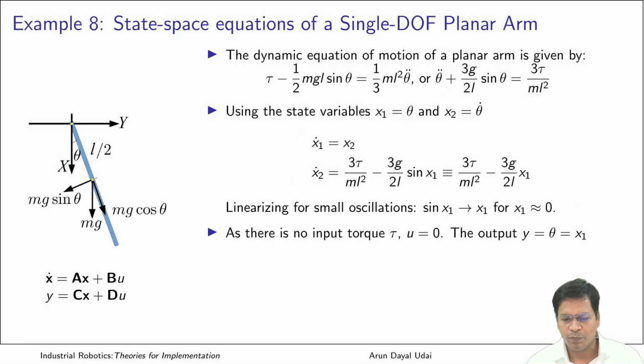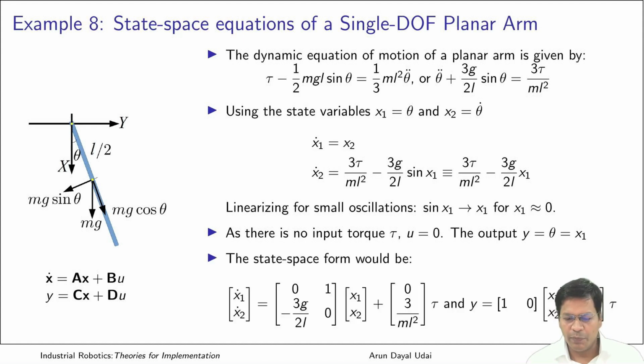So my new system, as there is no input torque tau, u becomes equal to 0, and the output relation can be written as y is equal to x1. So putting them all together here, it is x1 dot, x2 dot, and extracting the terms now, this is your A, that comes here, x dot is equal to Ax plus Bu.